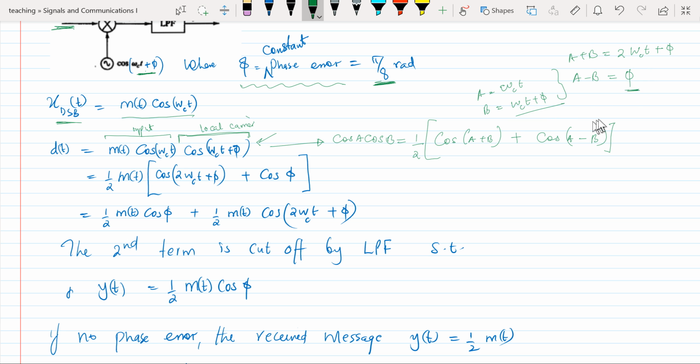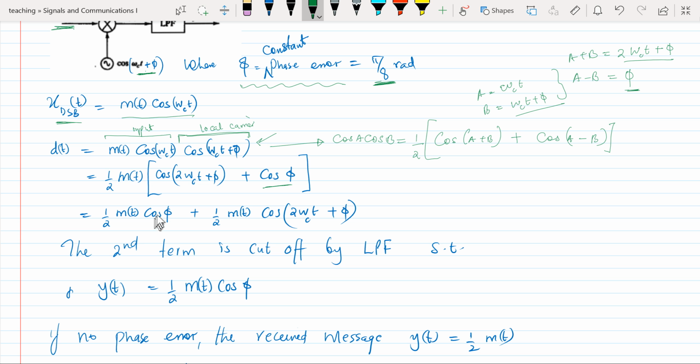Therefore, even if we write phi, that's okay. So this is how we get cos phi and cos of 2 omega c t plus phi. This is the plus version.